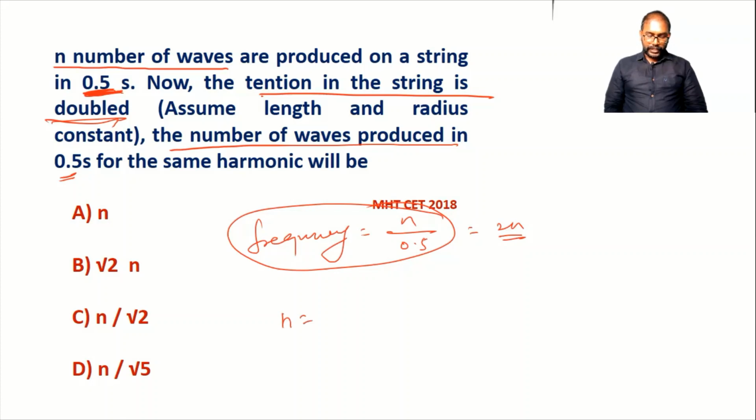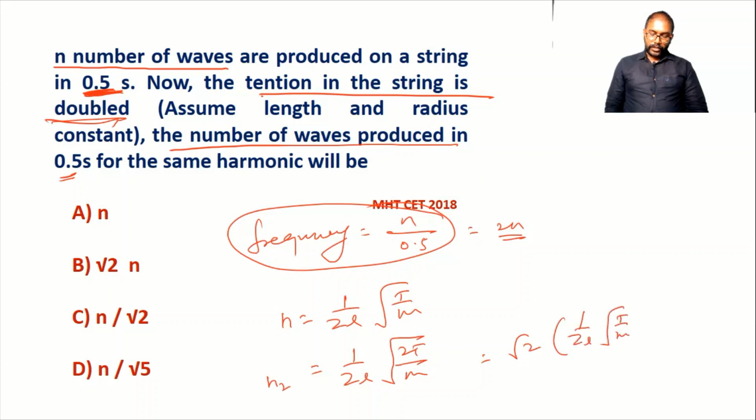You know that frequency is equal to 1 upon 2L under root T by M. So when tension is doubled, N2 is equal to 1 upon 2L under root 2T divided by M. I can take root 2 outside and then 1 upon 2L under root T by M, so root 2 into the frequency N. So here root 2n is the answer.